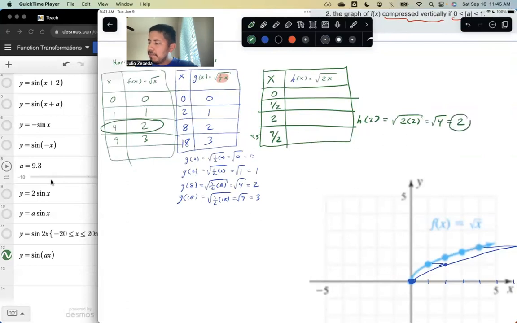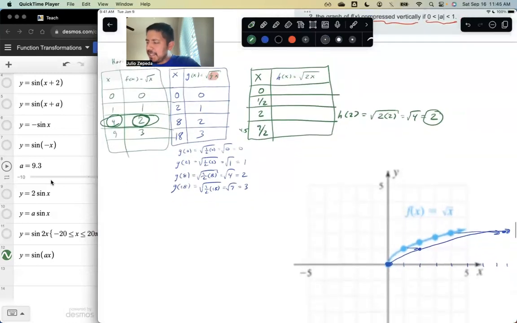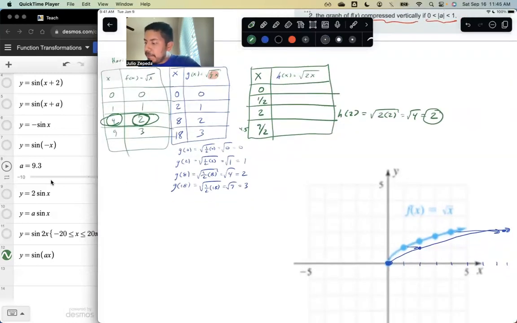So notice how I get this y value of 2 when x is 2, whereas before, the y value of 2 would occur when x was equal to 4. So it occurs in half the time, in terms of x, because I'm doubling the x value inside of the function. So my y values occur earlier, if that makes sense. So let's go ahead and plot that point. 2, 2, 1, 2, up 2.